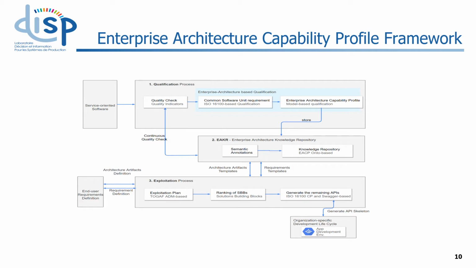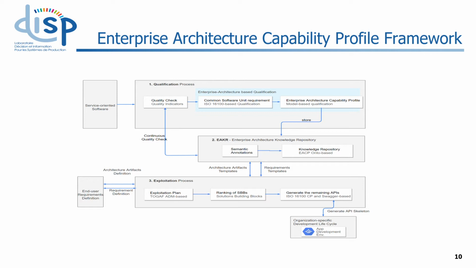In order to produce a ready-to-use application that reuses the different artifacts already qualified in the enterprise architecture knowledge repository. So regarding the first process, which is the qualification process, we realize bottom-up qualification enabling to produce a wider view qualification that results in an enterprise architecture capability profile.